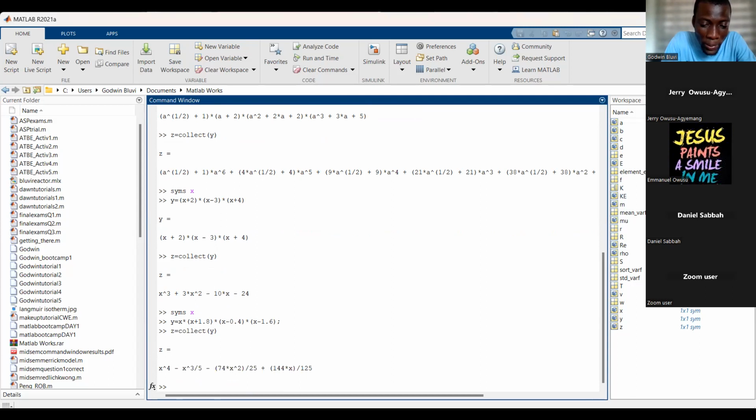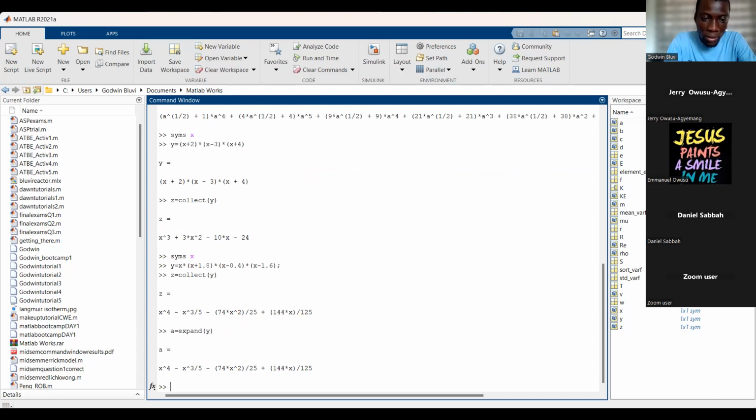Then let's do a is equal to expand y. You can see we had the same answers.